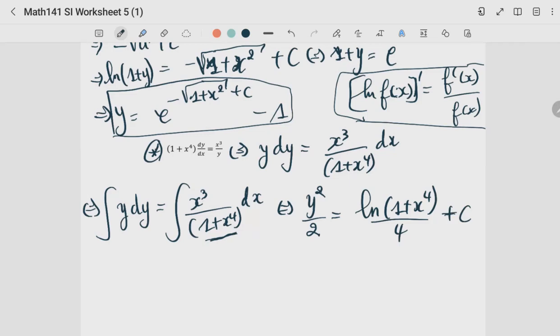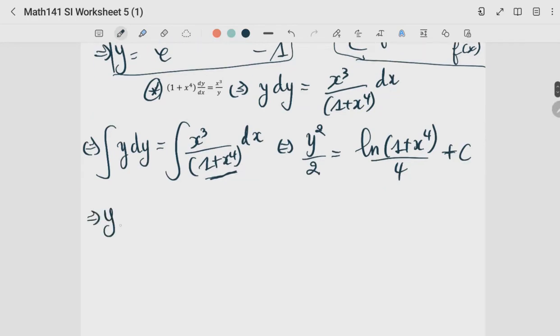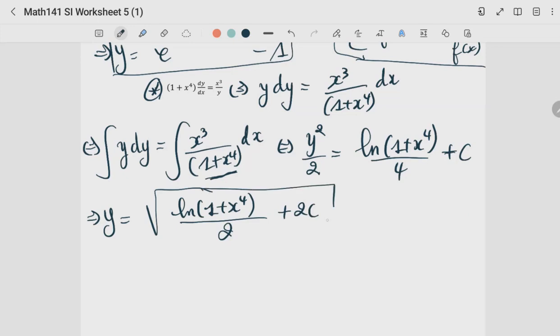So our y is therefore equal to the root of ln of 1 plus x to the 4 over 2 plus 2c. And that is our final answer.